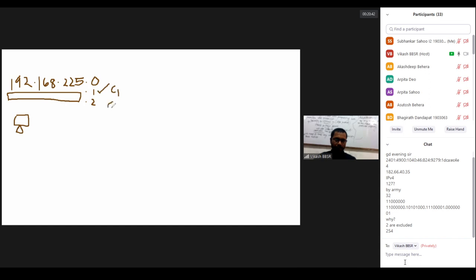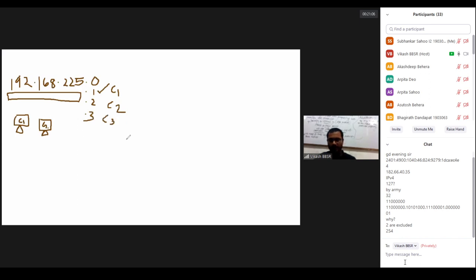Next is computer 2, its IP address is 192.168.225.2. This is C1, this is C2. Next is .3, so it is C3.